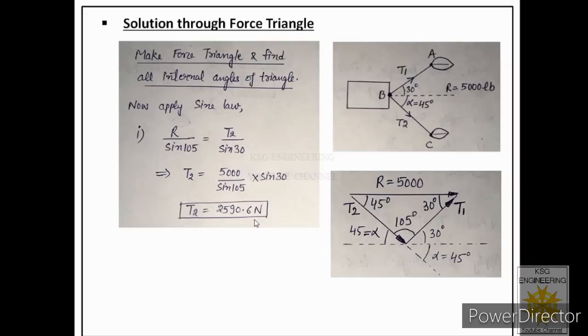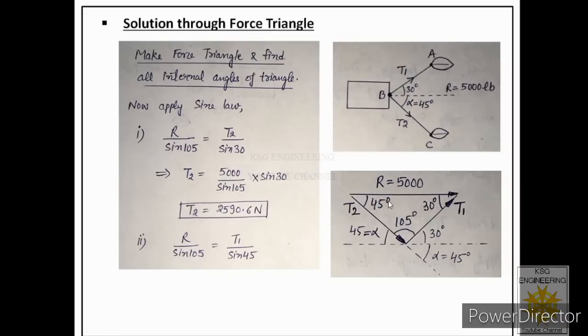Now let us discuss the second part. So in the second part, this equation will remain same, but on the other side, now we will consider second force which we have to find. So it will be equal to T1 divided by sine of the angle between other two forces.